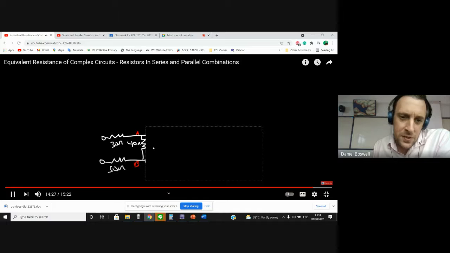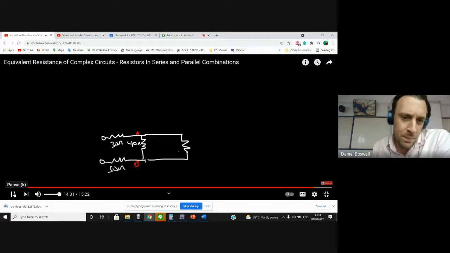So we've got 40 in parallel with this 40 ohm resistor. And these two are equivalent again. So two equal resistors will be half of one resistor, which is 20 ohms.